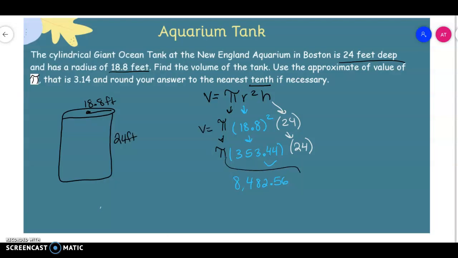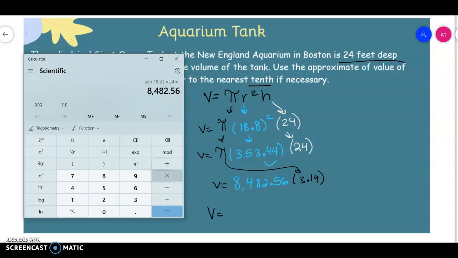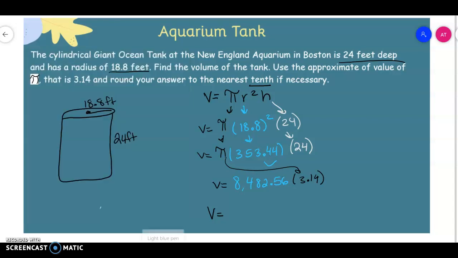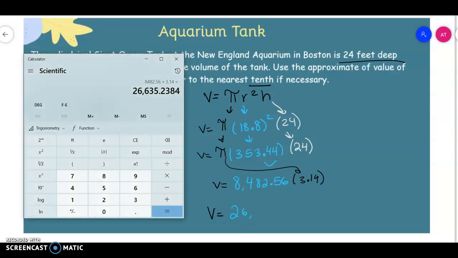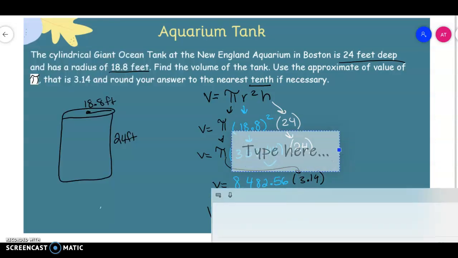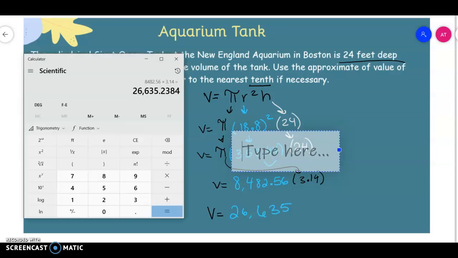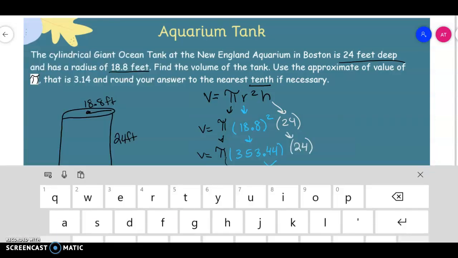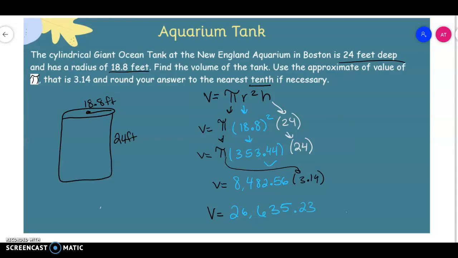I still need to multiply my final answer by 3.14. And it told us to use 3.14, so we're going to use 3.14 instead of the pi button. So for this, I get 26,635.238.